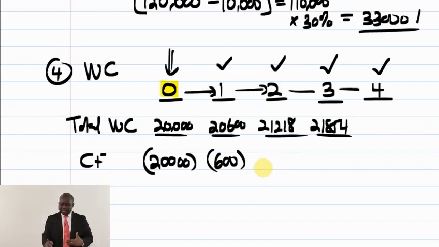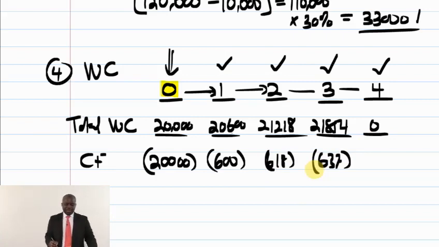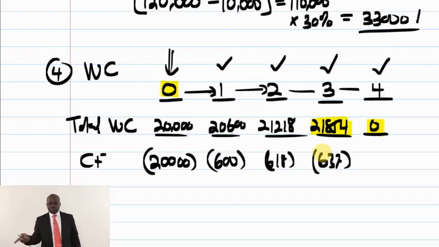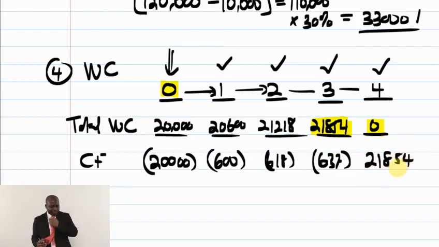When it decreases, it becomes a cash inflow. So 600, this is a 618 increase, 637 increase, and then, be with me, from year 3 to year 4, it moved from 21,854 to 0. Therefore, you have to recover it. It's like an inflow had come in.